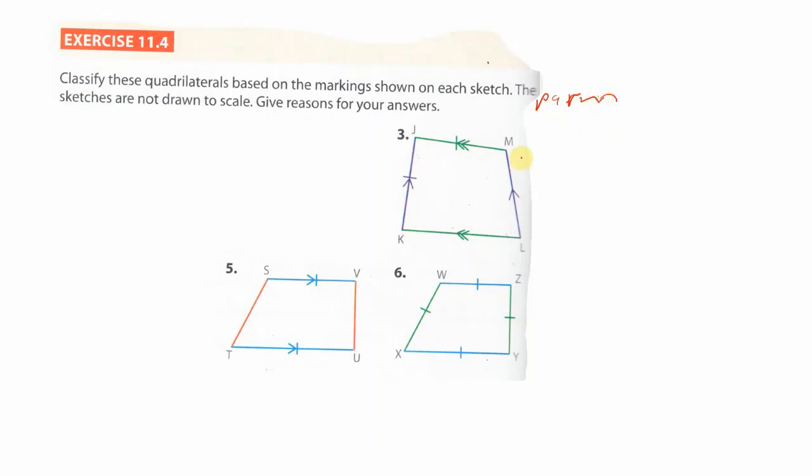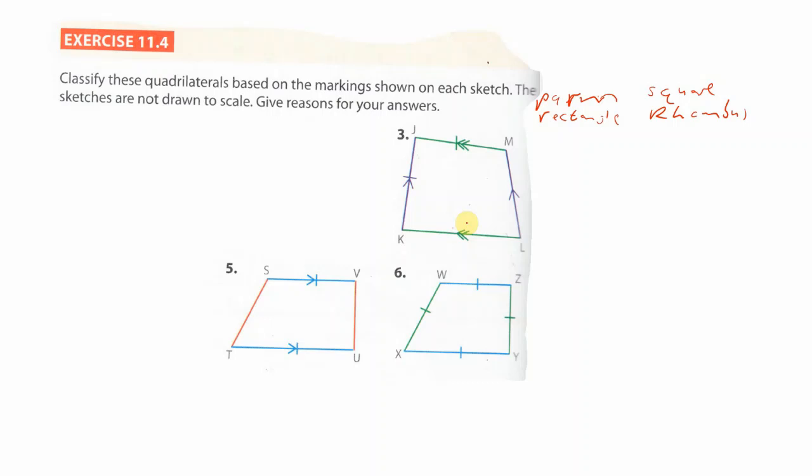And the other options are a rectangle. What else? Squares. Rhombus.